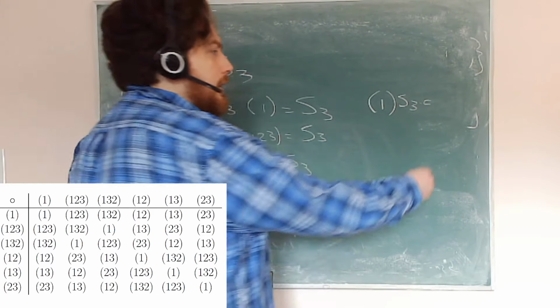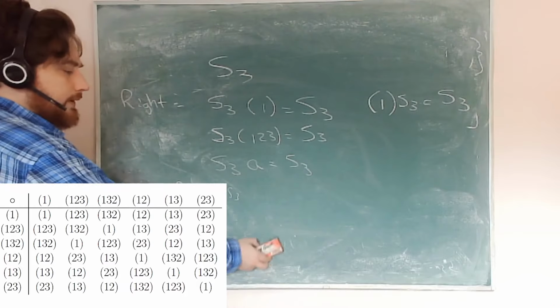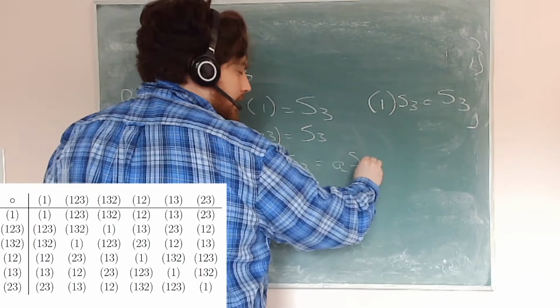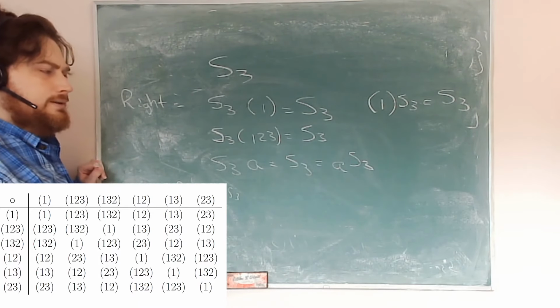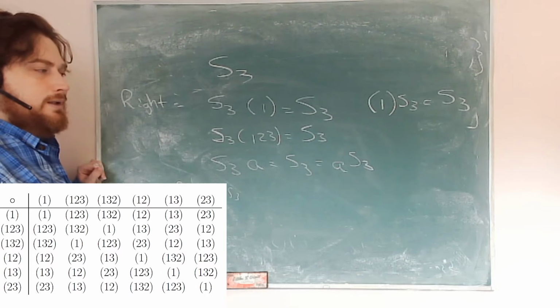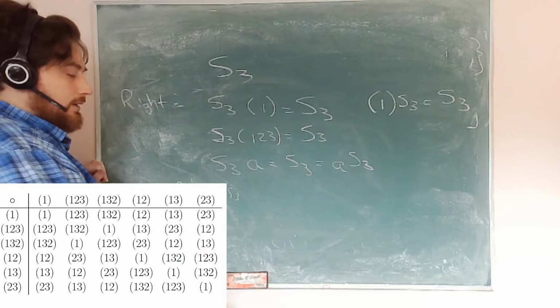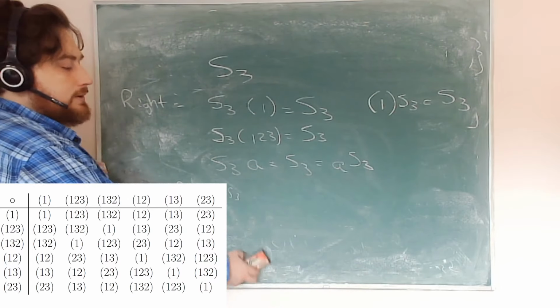So again, we're going to get S3. And actually, if I do this for every element, I'm also going to get A S3 equal to S3 for all A in S3. So what are all the left and right cosets? Well, for S3, all the left and right cosets are just S3.